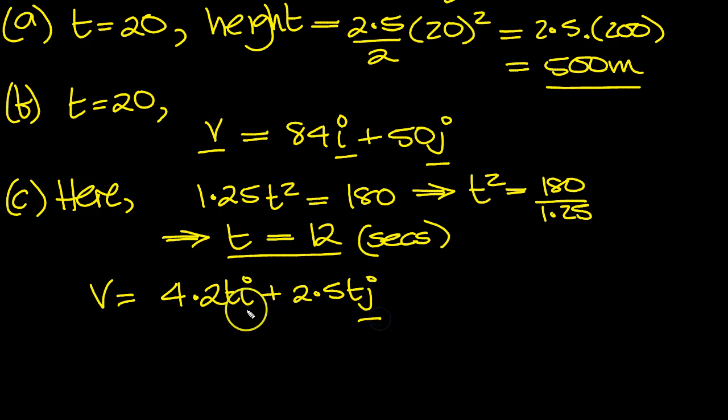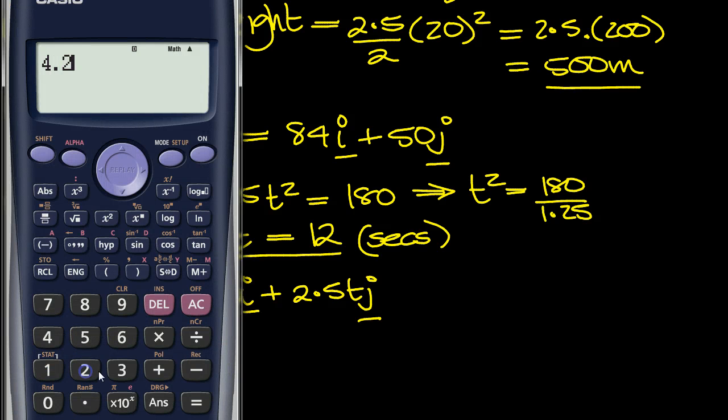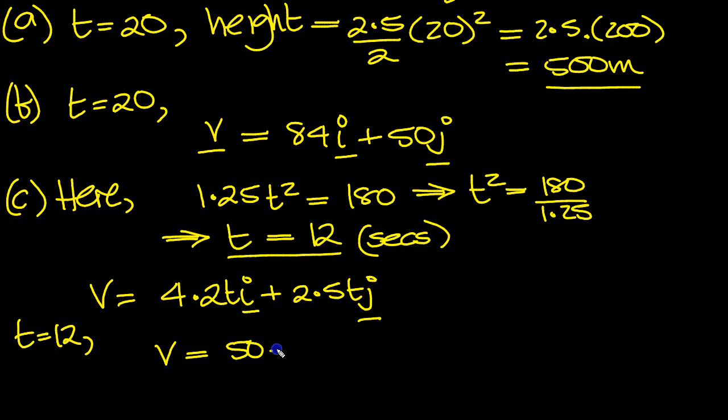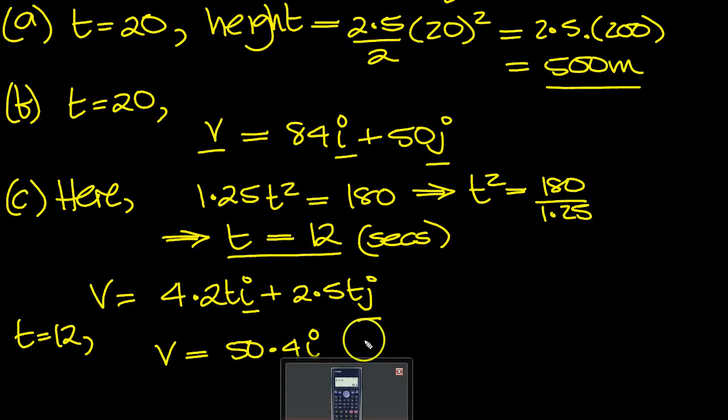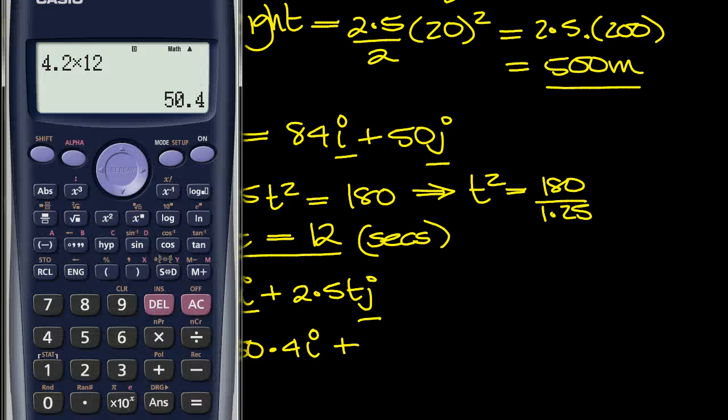There's the velocity vector in general. t equals 12. v is equal to 12 of these. 4.2 times 12 is 50.4, i. And then it's 2.5 times 12, which is 30. Let's just double check it. 2.5 times 12 is 30.